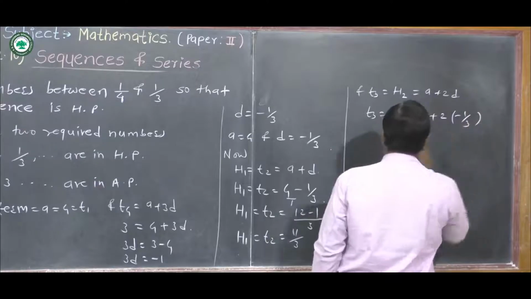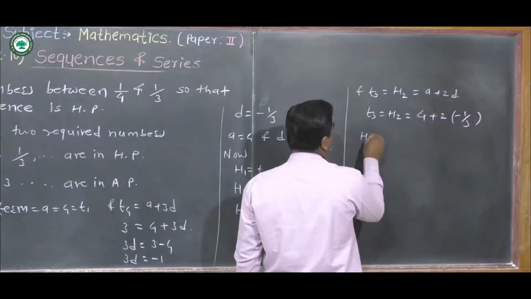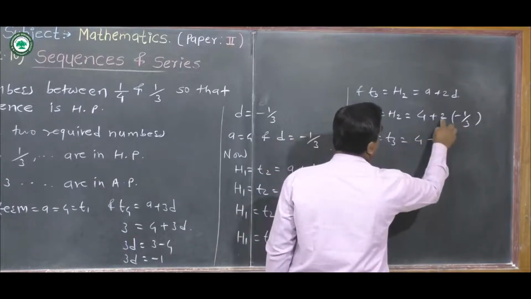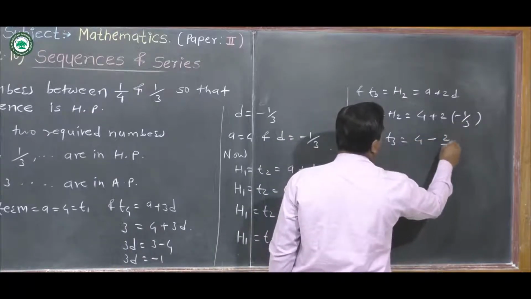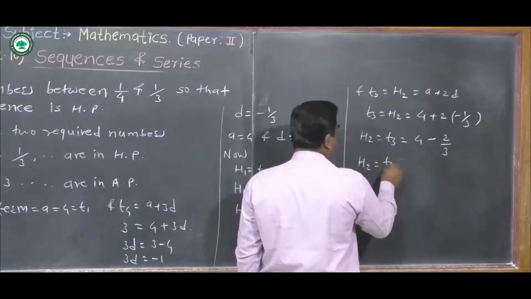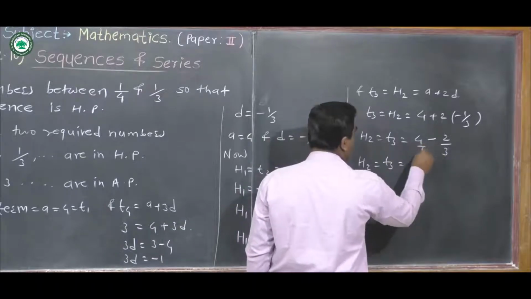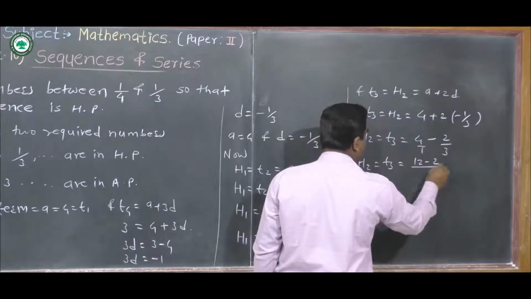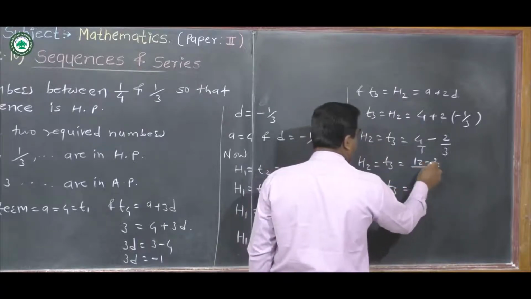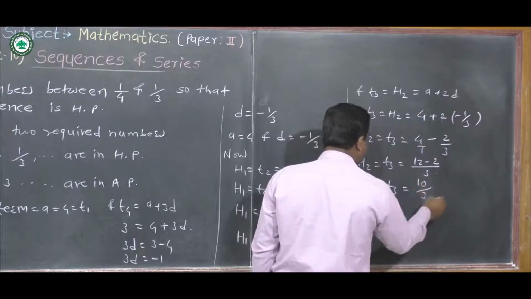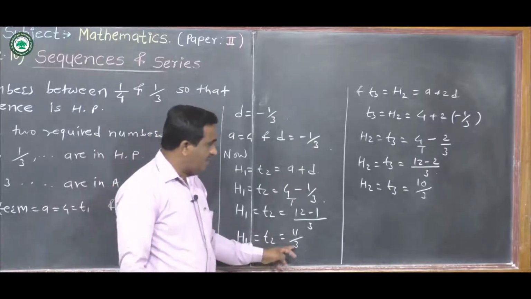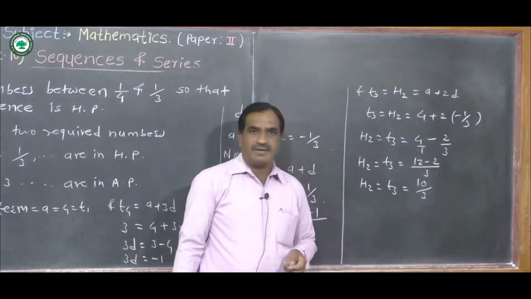That is, H2 equal to T3 is equal to 4 minus 2 upon 3. Taking addition, 12 minus 2 upon 3, we get H2 equal to T3 equal to 12 minus 2 means 10 upon 3. We get values of H1 and H2. H1 is equal to 11 by 3 and H2 is equal to 10 by 3.